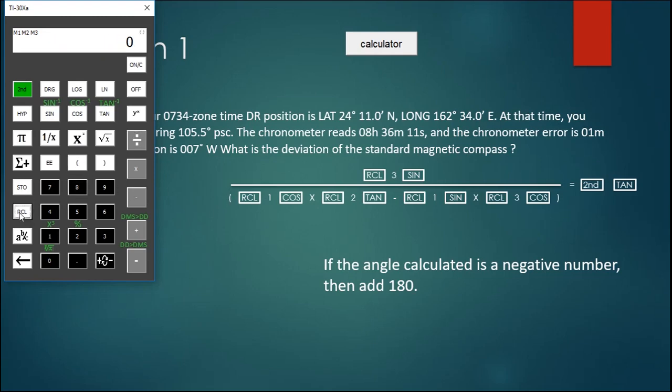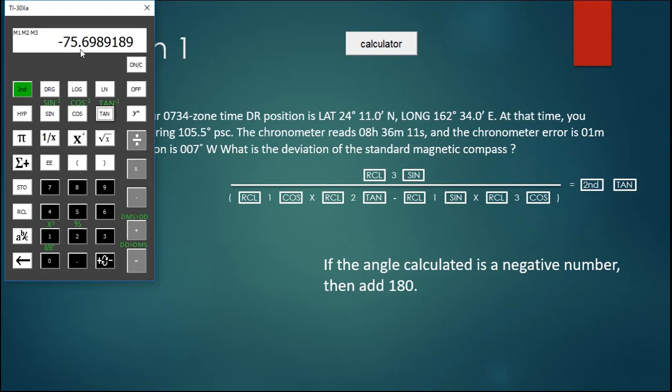We'll say recall 1 cosine times recall 2 tangent minus recall 1 sine times recall 3 cosine, close your parentheses, then equals, second tangent.